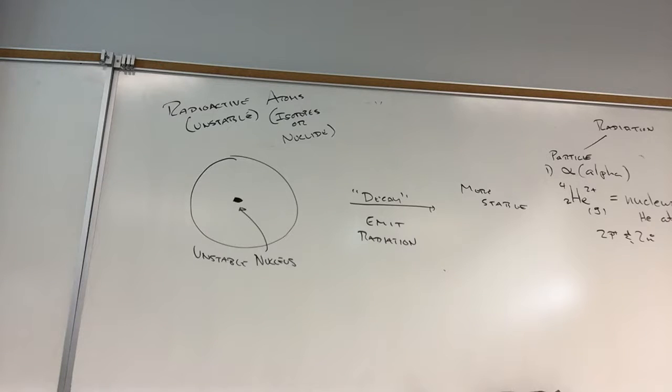They're going to cause damage. When things can strip electrons, it can form ions, and we call it ionizing radiation. So alpha particles are ionizing radiation. They can form ions easily.